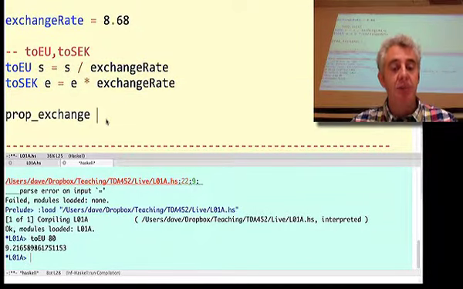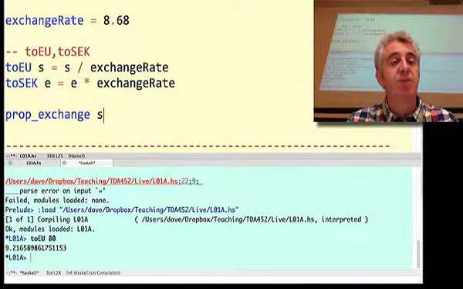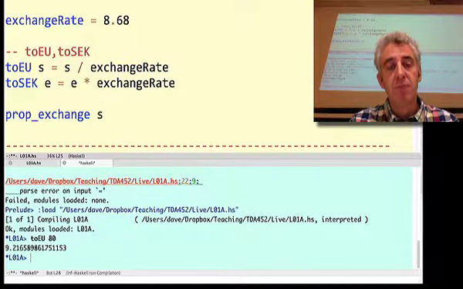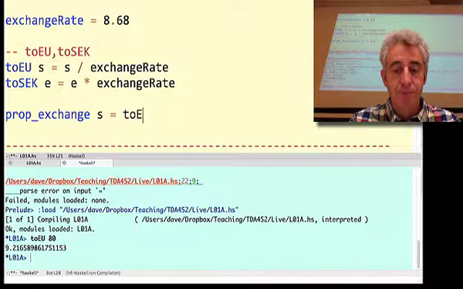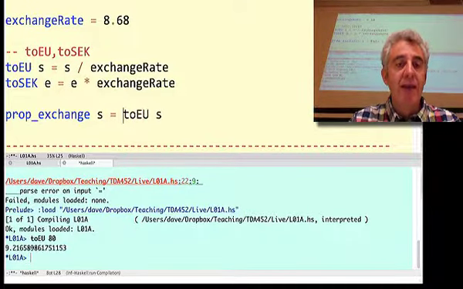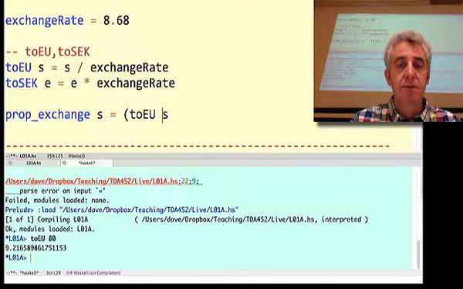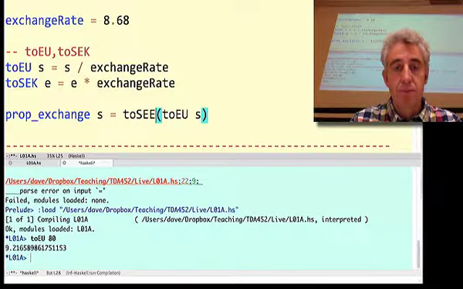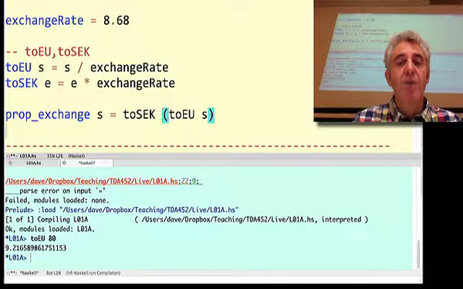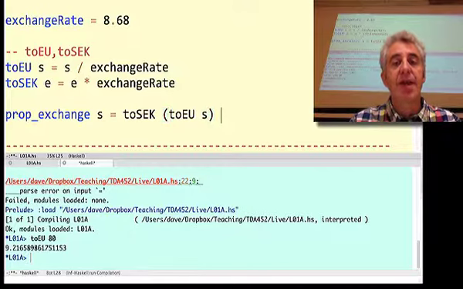That is to say, if I start out with some number of Swedish crowns and I convert those Swedish crowns to euros, and then I take the result of that and I convert that back to Swedish crowns, what we might expect is that that gives us the same as what we started with.